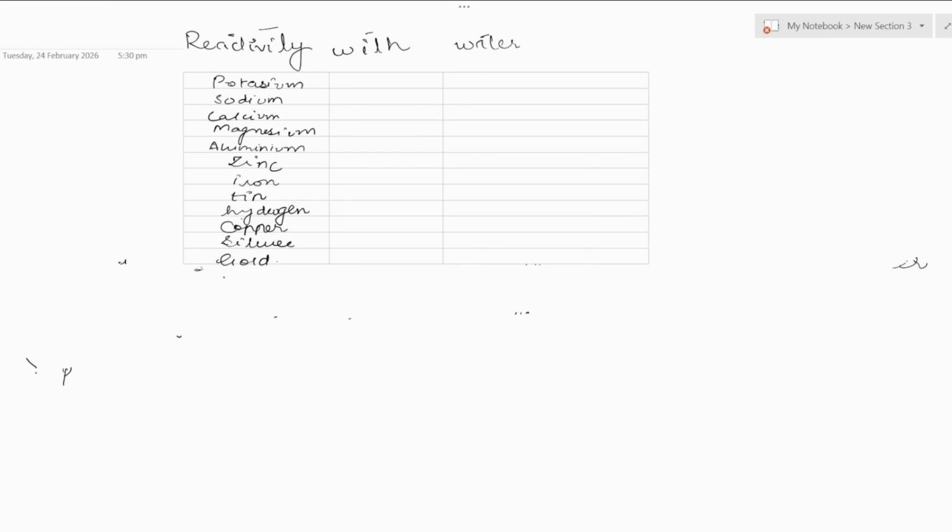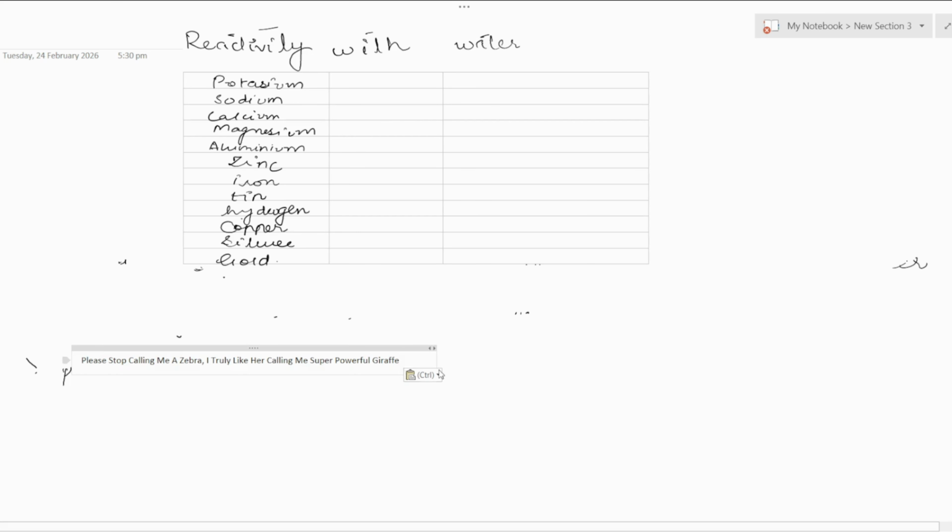Okay. The first part is according to the group basically. Group 1, 2, 3, and then moving to the transition elements. These are the transition elements: copper, silver, iron, tin, and gold. So group 1 is the ultimate one, which is the most powerful.